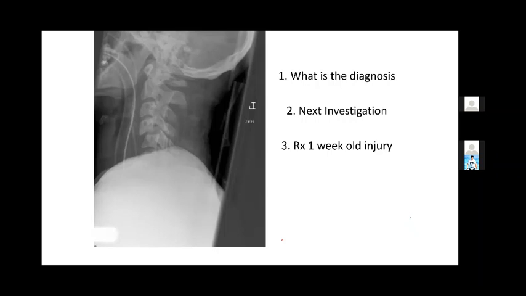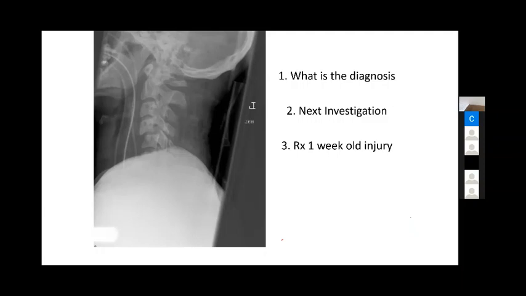This is a plain X-ray lateral view of a skeletally mature patient with listhesis of the cervical spine, of C4 over C5.